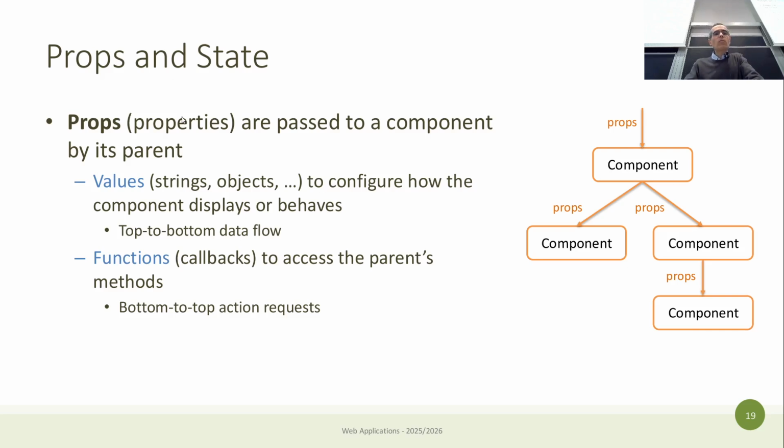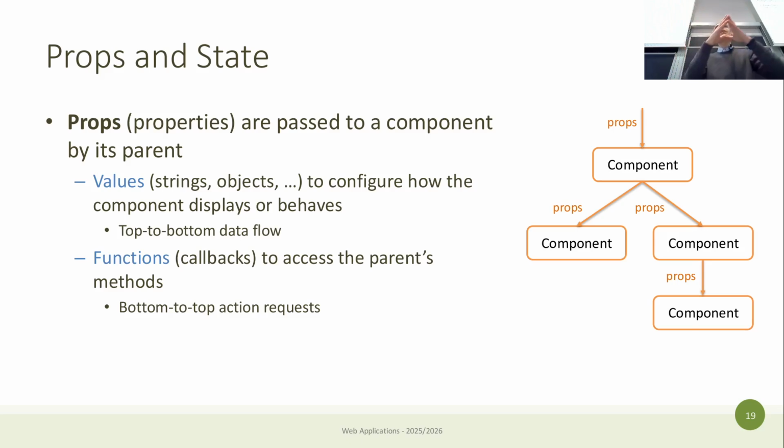Okay, so props, where do props come from? Props come from the root of the tree of the virtual DOM. So they come from the parent components. At the root of the component, either React passes props to us or there are no props.